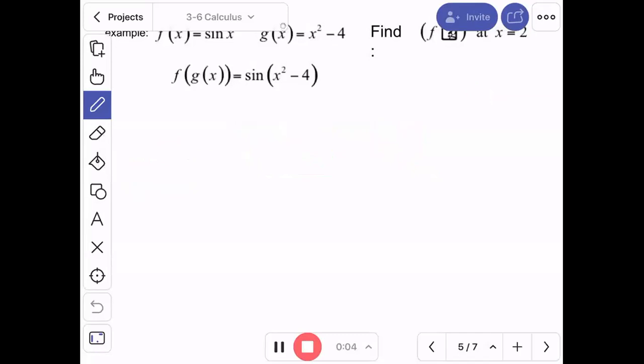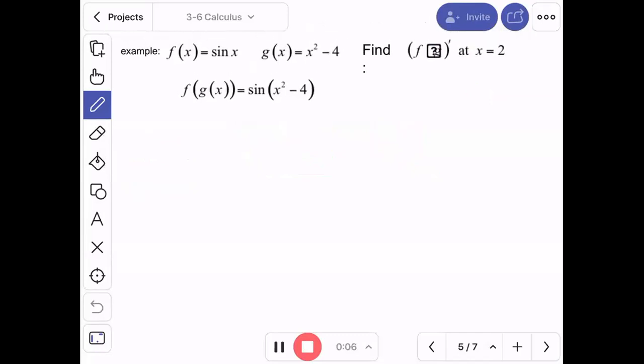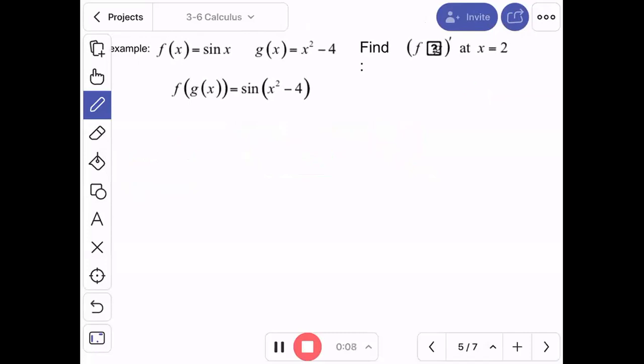So in this case, for this problem, I've got a function f of x and a function g of x. So f of g of x is the sine of x squared minus 4. So what I want to do in the notation that got messed up over here is remember f of g of x. I don't know if you've seen that sometimes written as fog notation.